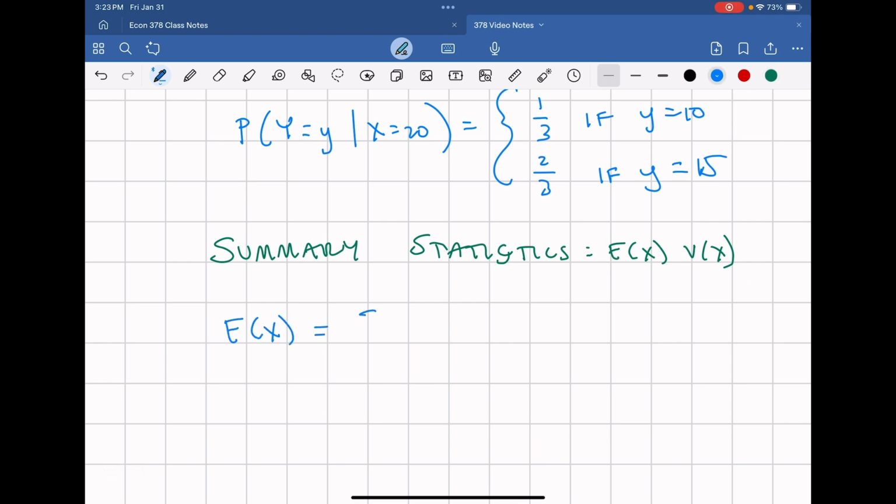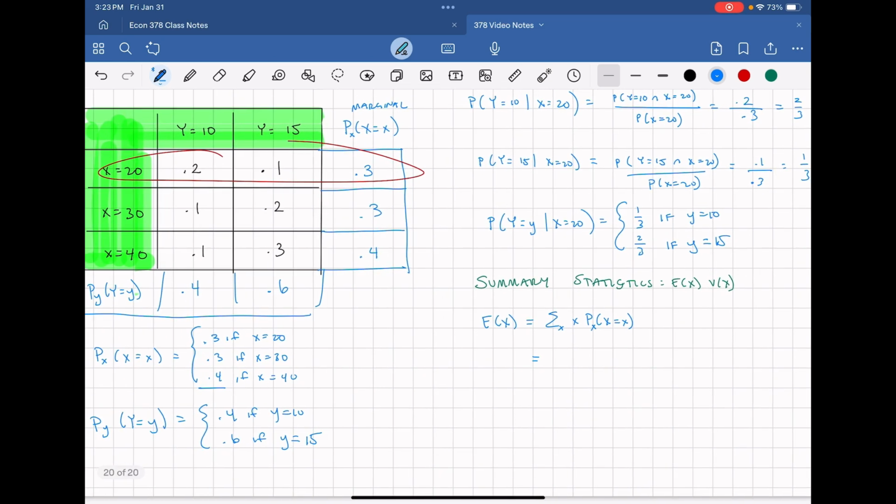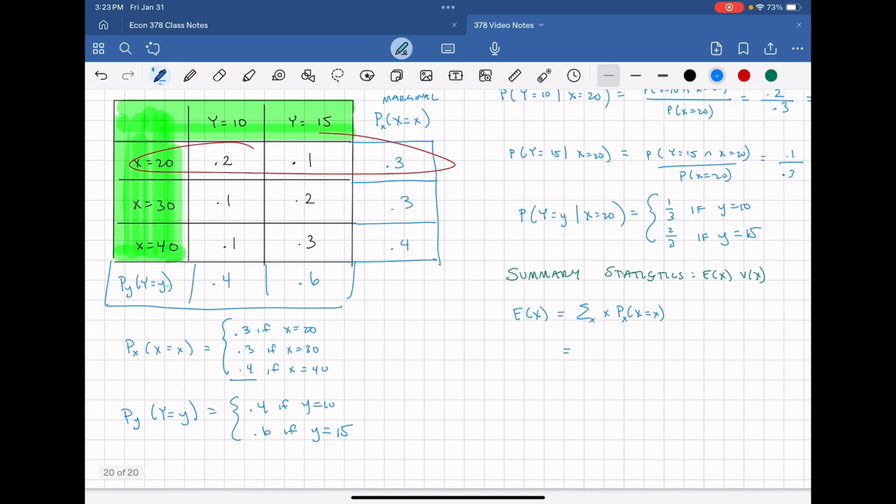This is going to equal the summation over the values of x times the probability that x is equal to x. In this case, we're going to look at the marginal distribution, which is going to be here or here. Both of those are the marginal.